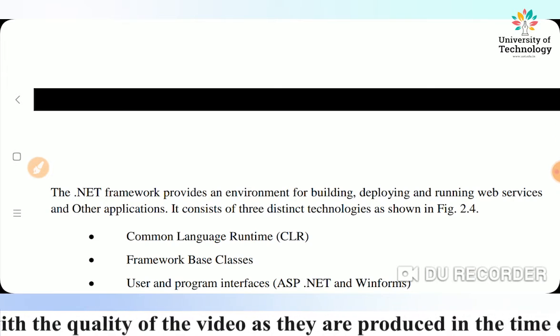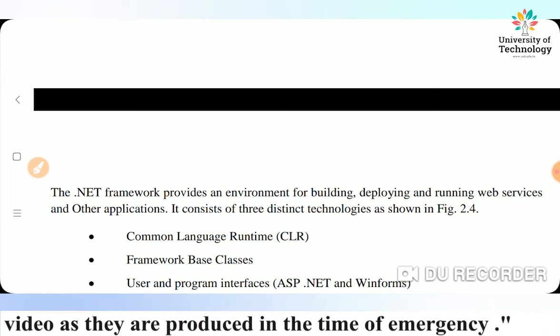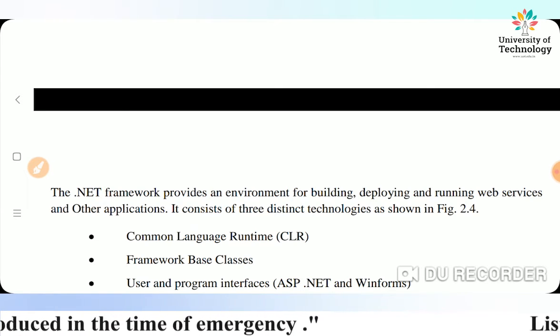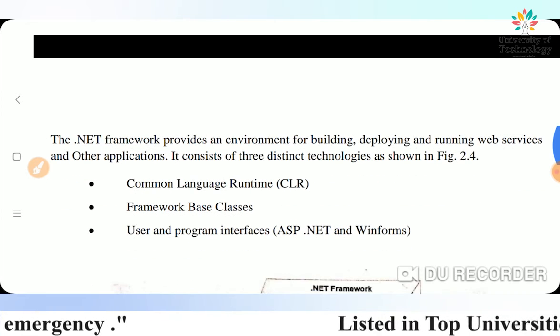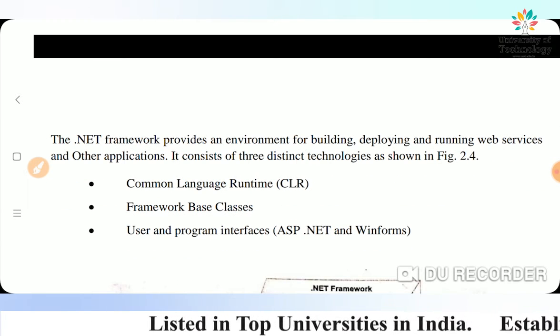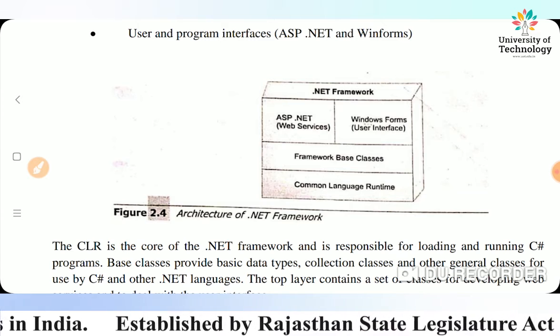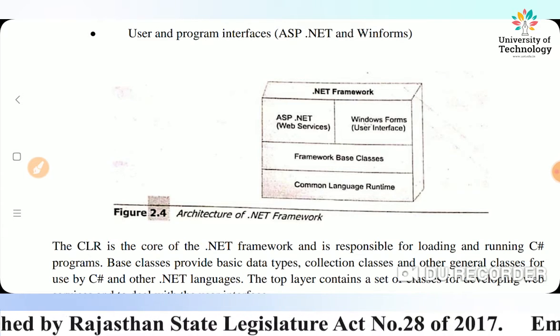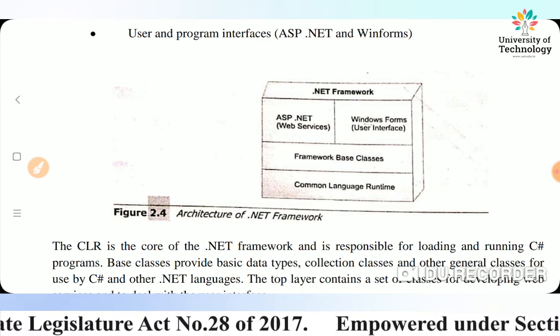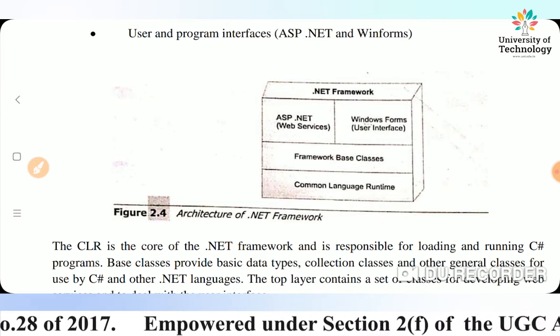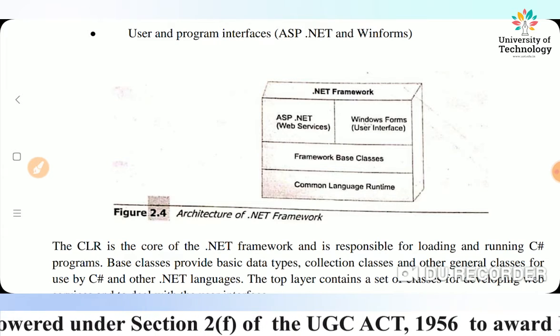So the .NET Framework provides an environment for building, deploying and running web services and other applications. It consists of three distinct technologies as shown in the figure. .NET Framework: ASP.NET, Windows Forms, Web Services, User Interface, Framework-based classes, and Common Language Runtime.